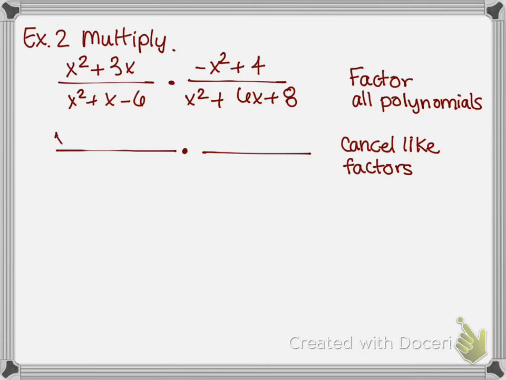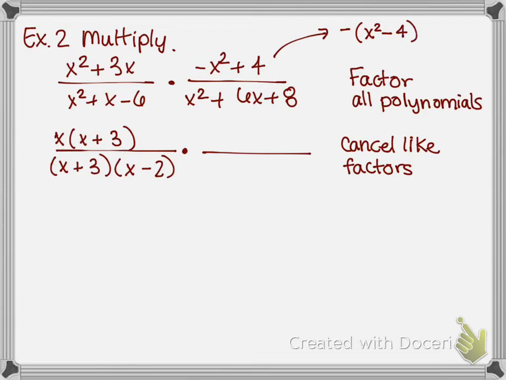Okay, so when you get this expression factored, we factor out a greatest common factor of x. This denominator, hopefully you factored it as a product sum. Okay, the numerator of the second expression, we're going to first factor the negative out. So I'm going to do this one off to the side and factor the negative first. And then I'm going to factor it as a difference of 2 squares.